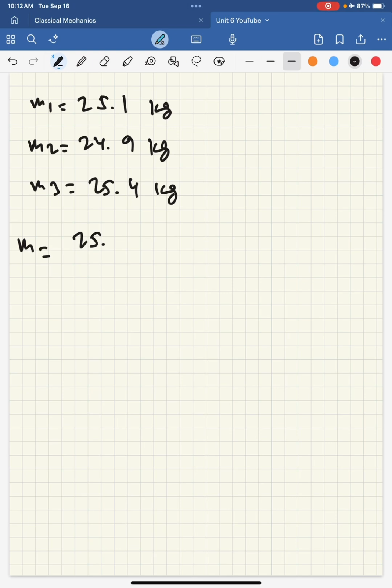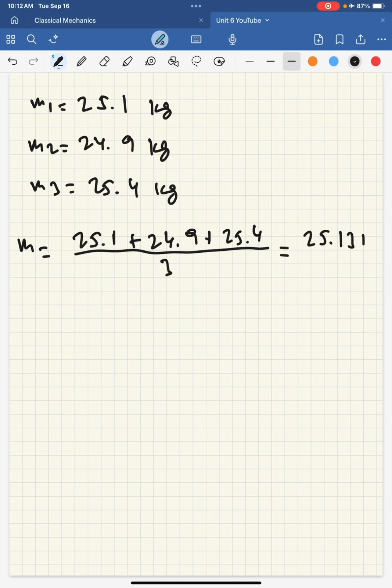Let's step back, sorry. Then the average of these measurements is simply adding these three values and dividing by 3. So the average mass for these measurements is 25.13 kilograms, okay? So notice that this has nothing to do with the smallest deviation of the instrument anyway, okay?